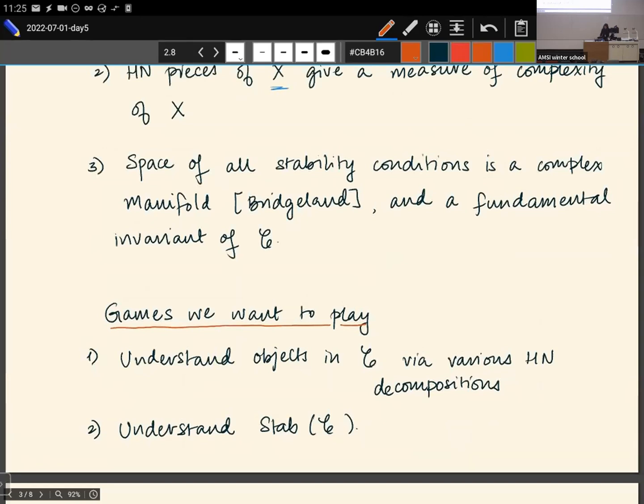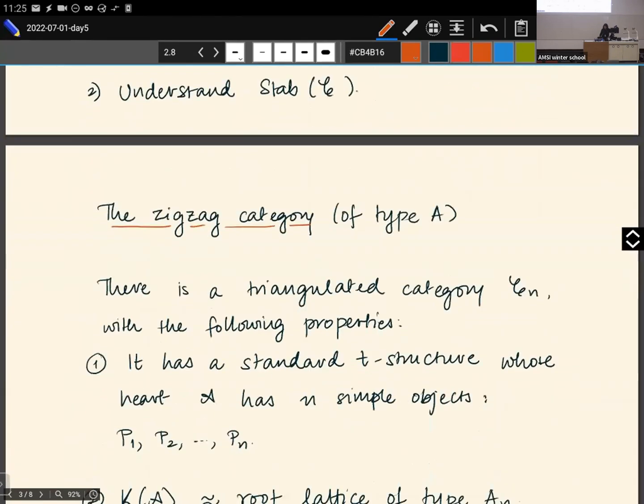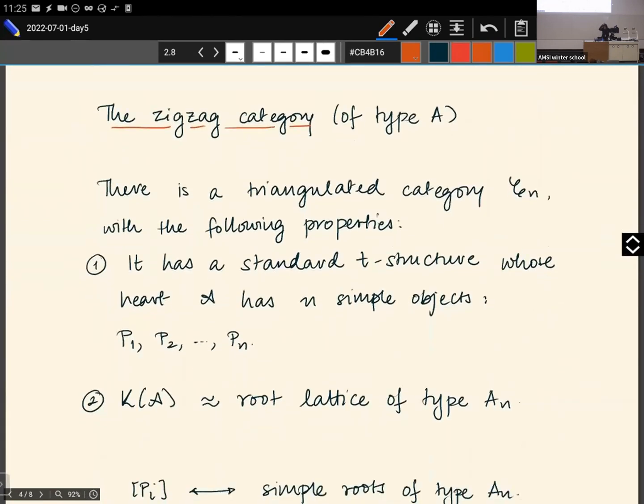So let me introduce the category that we are going to play with. Just like many of the things that I've been discussing, I won't define all of it, but I will tell you what's important about it.